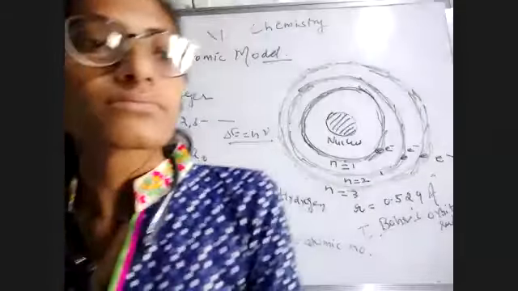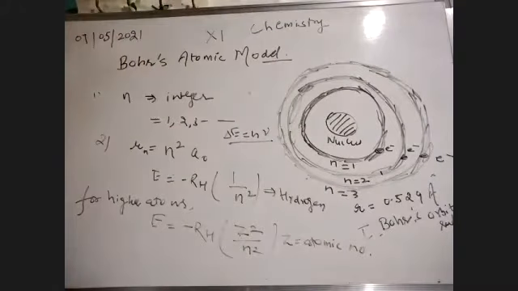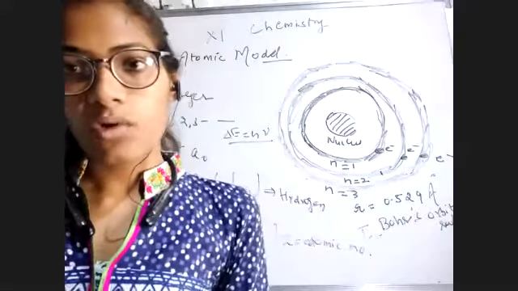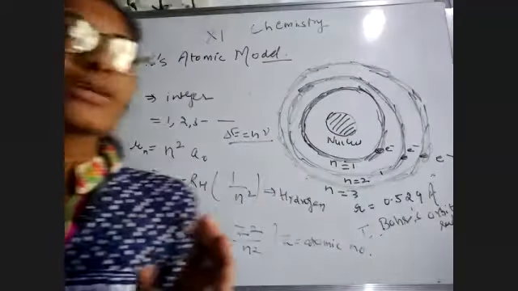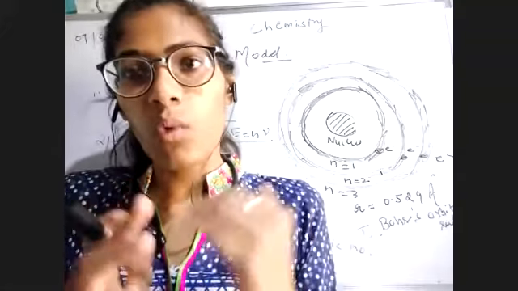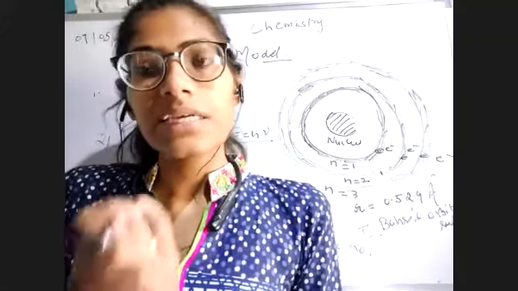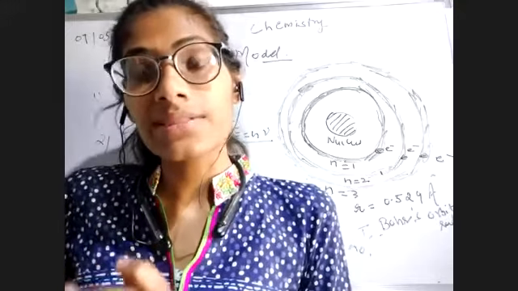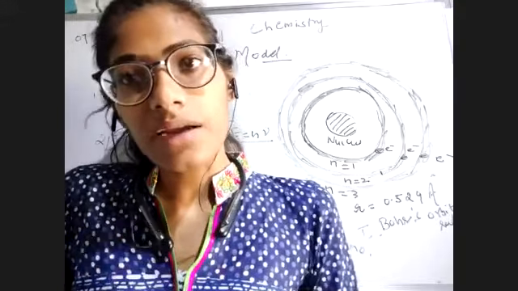Now, what could be the drawbacks or limitations of Bohr's atomic model? It has explained very important things, all the postulates, but it has limitations known as the Zeeman effect and the Stark effect.